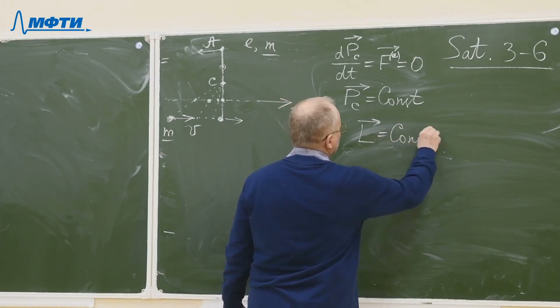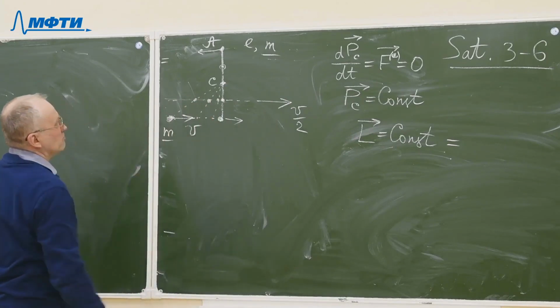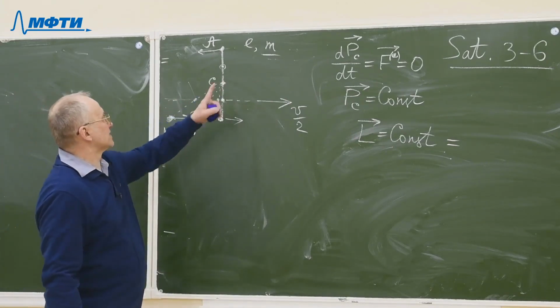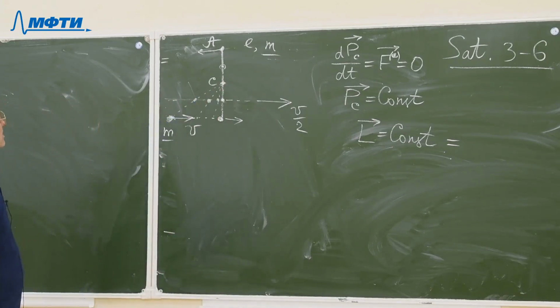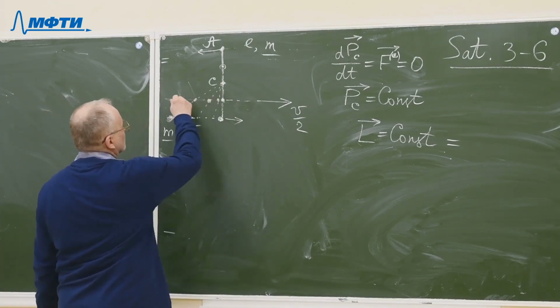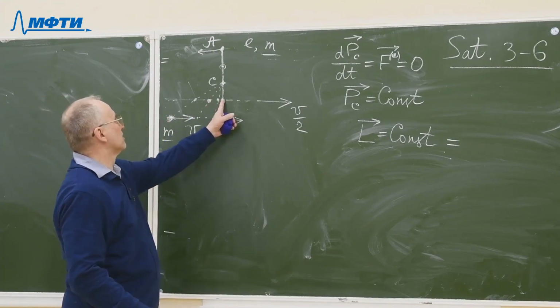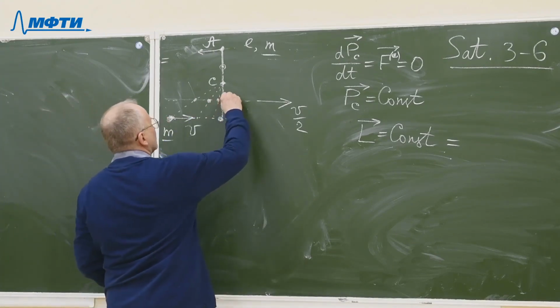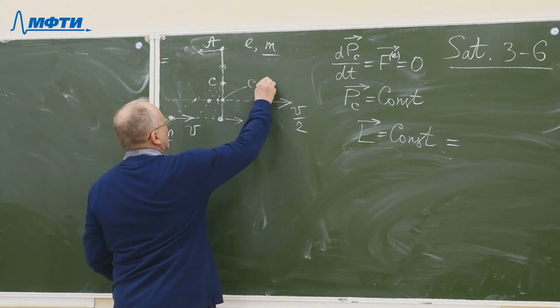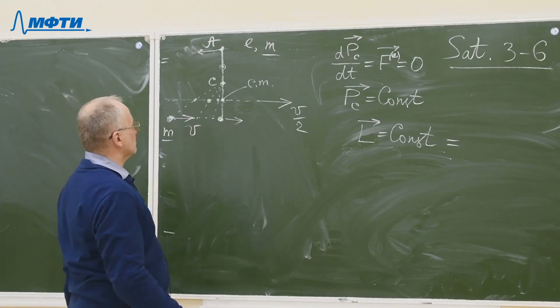It's constant. And in the beginning, before the collision, what was the angular momentum with respect to the center of mass of the total system? What was the angular momentum just before the collision with respect to this point, the center of mass of the total system of bodies? What was the angular momentum?